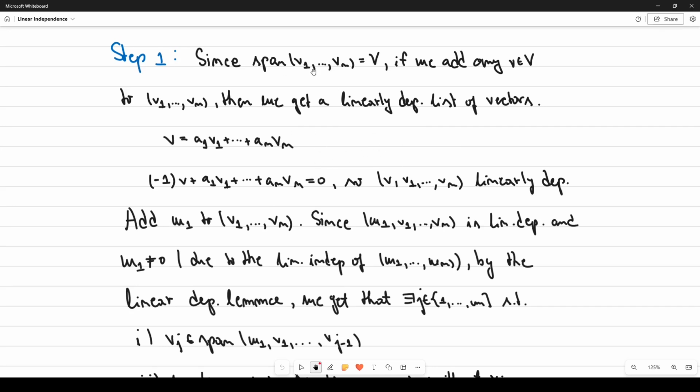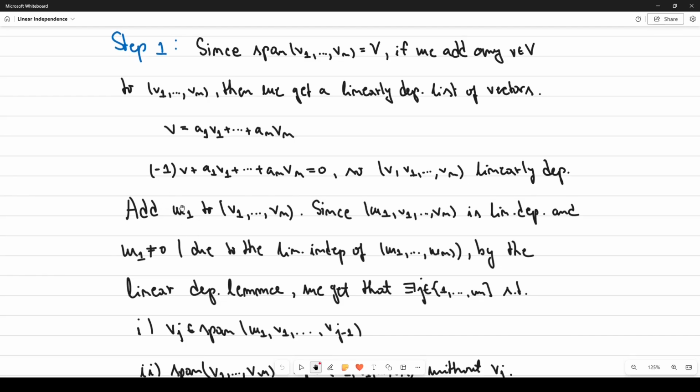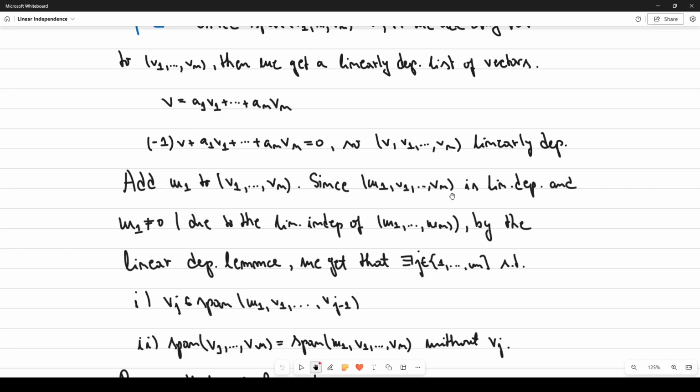So we will add w1 to our original spanning list of vectors. Since this list is linearly dependent, and w1 is different from 0, due to the linear independence of the list of w's, none of these vectors can be 0, for if any of the vectors were 0, then this list wouldn't be linearly independent.